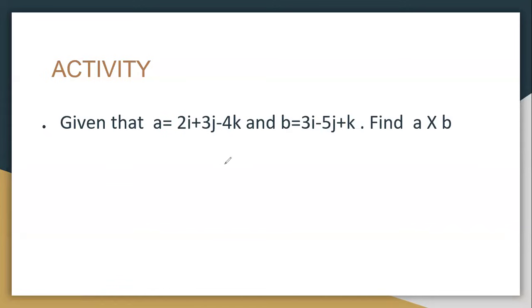Now, the first approach. They have asked us to do A cross B. Let me write them in vector form. So here we shall have 2I plus 3j minus 4k, and I'm crossing it with 3I minus 5j plus k.